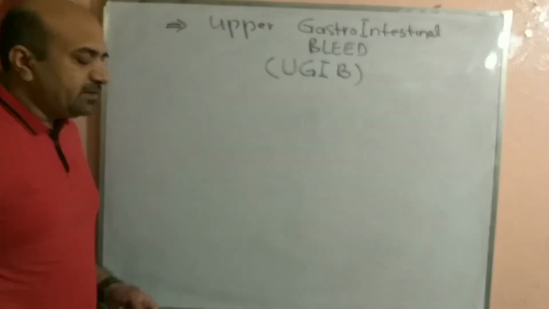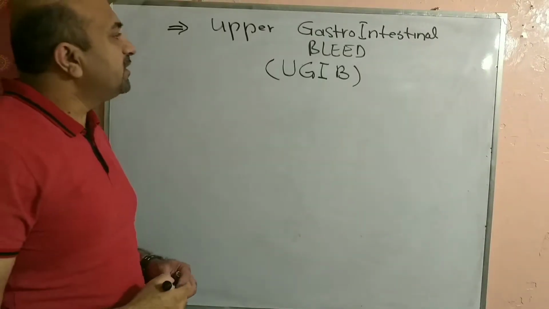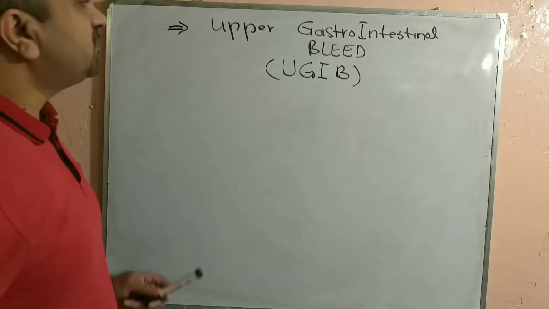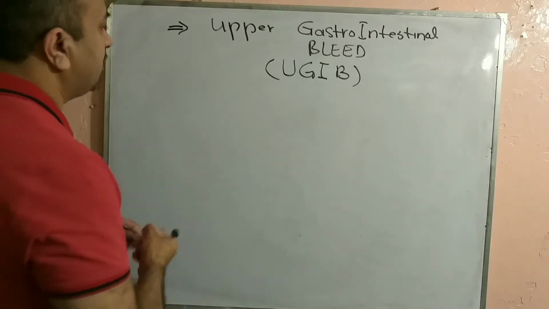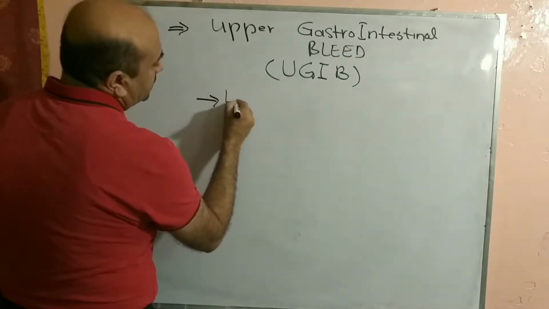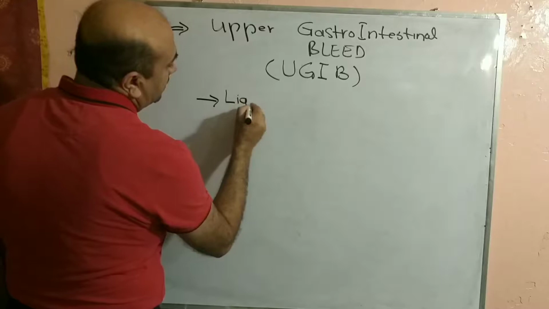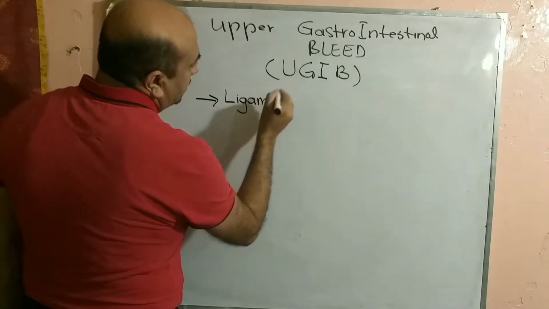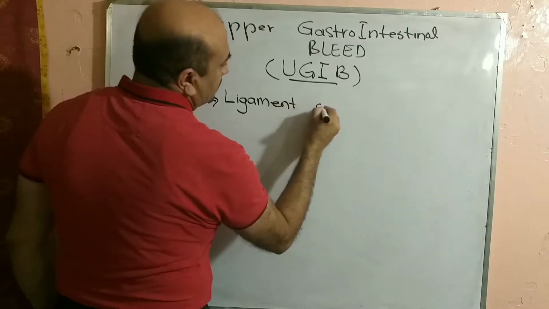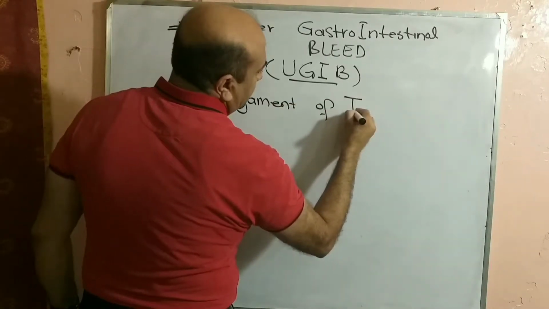So any bleeding which is happening from the gastrointestinal tract above the level of the ligament of Treitz. This is a very important anatomical landmark when we are going to define the upper GI bleed, the ligament of Treitz.